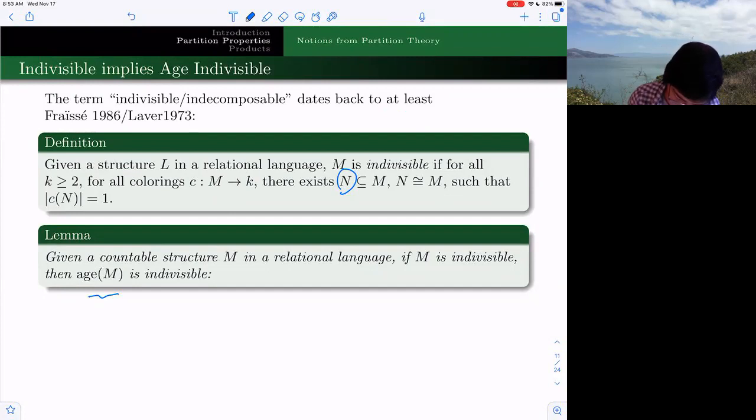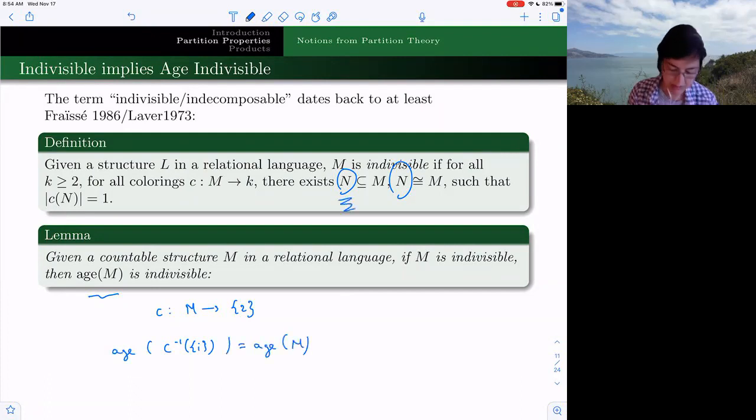For a countable structure, if you can find the whole structure inside, then you should be able to use this definition of age indivisibility, where you color with the 2 colors, and then for one of the colors you should get the entire age, because you had an embedded copy of the whole thing in there.